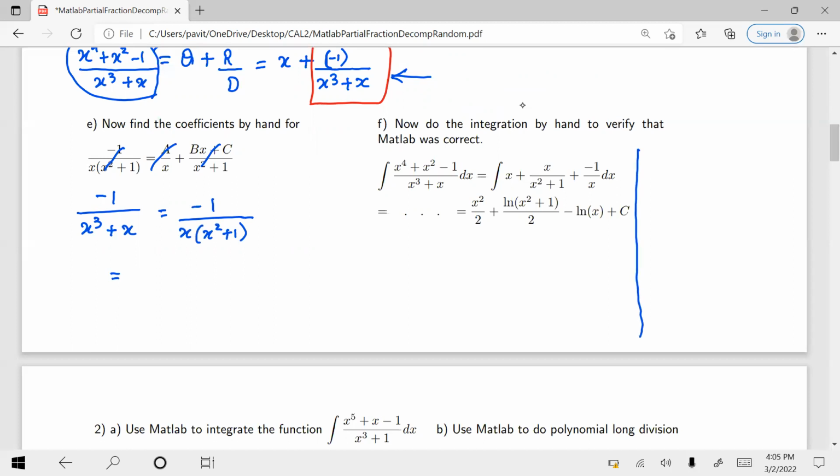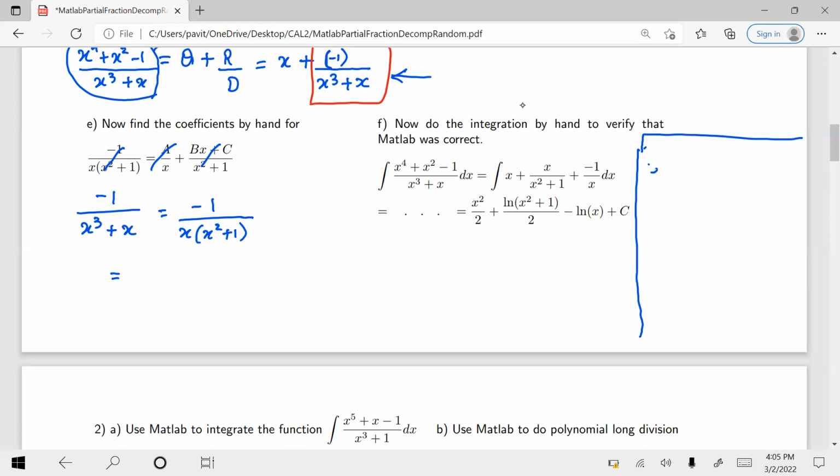Remember, partial fractions is a method where you find the coefficients. Whenever you have a polynomial, you will be converting that in terms of constants with the polynomial, or coefficients. What do I mean by coefficients?